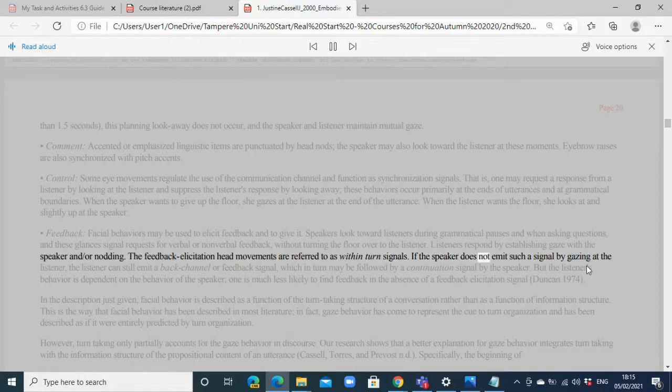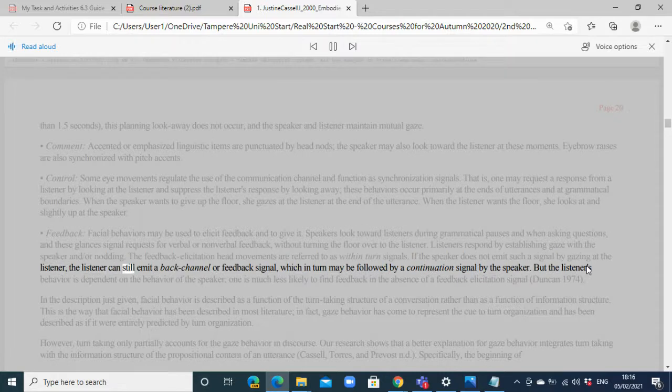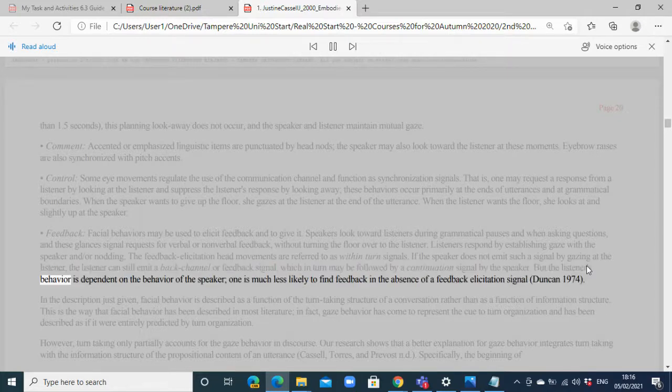If the speaker does not emit such a signal by gazing at the listener, the listener can still emit a back-channel or feedback signal, which in turn may be followed by a continuation signal by the speaker. But the listener's behavior is dependent on the behavior of the speaker. One is much less likely to find feedback in the absence of a feedback elicitation signal (Duncan 1974).